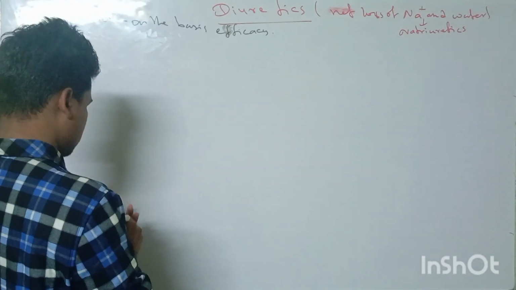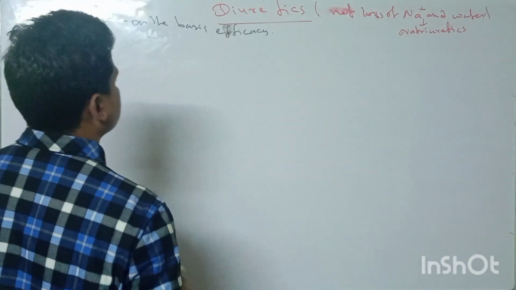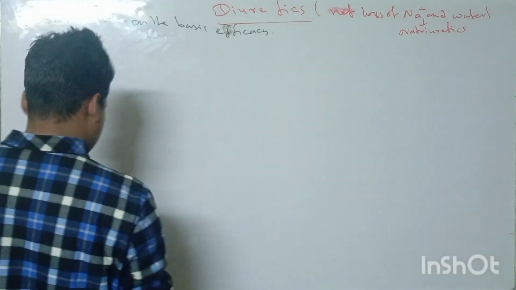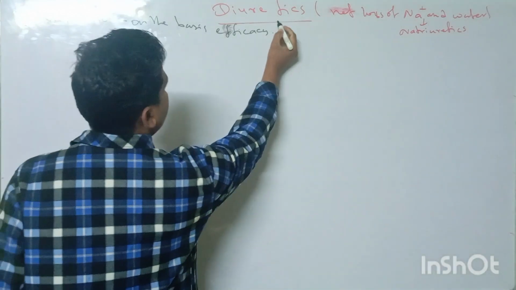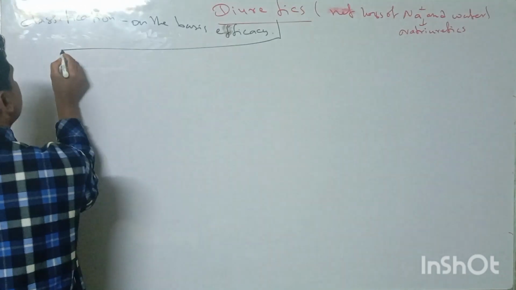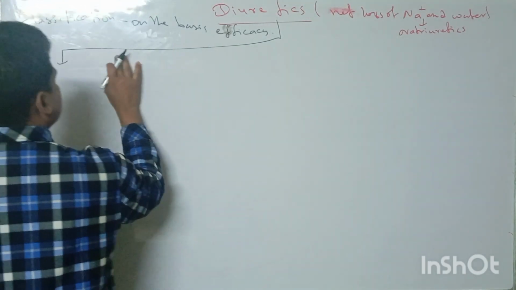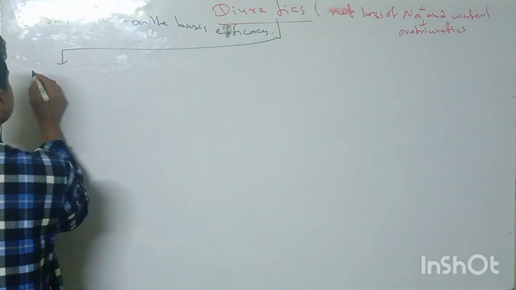Which drug is how much efficacious? So this will be classified as, at first, high ceiling diuretics.